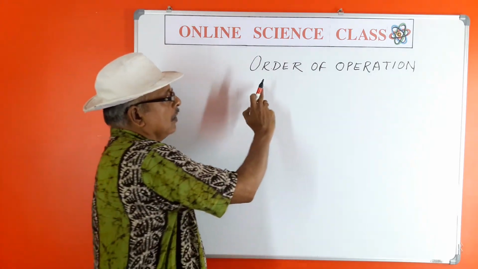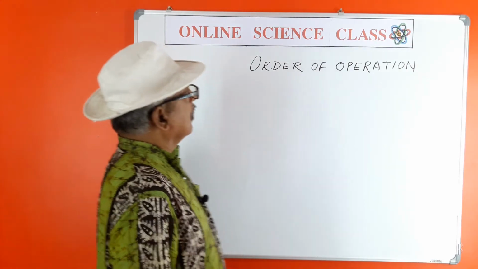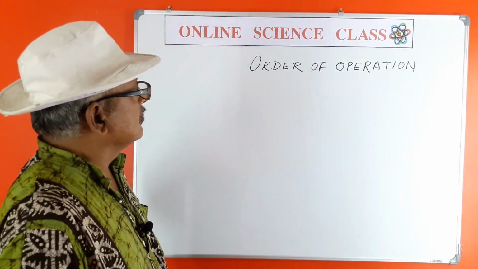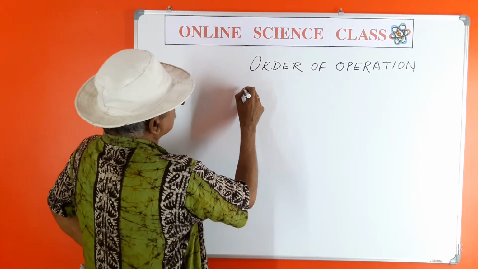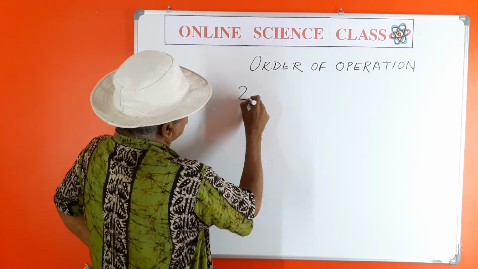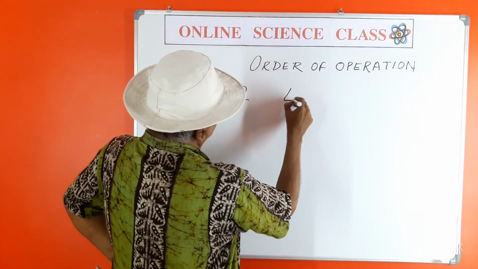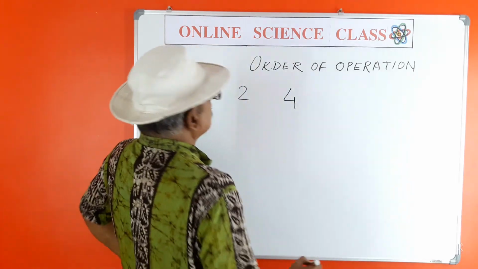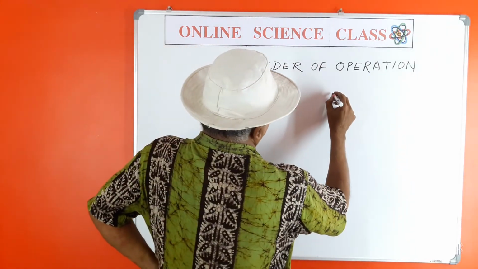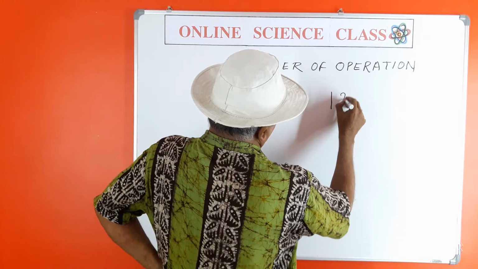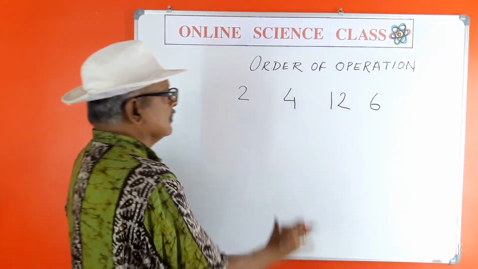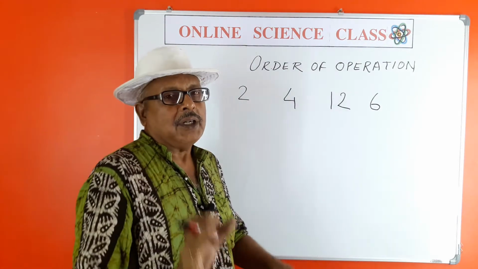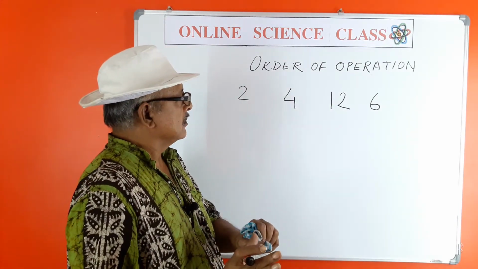Today we will talk about order of operation. Say this: 2, say 4, say 12, 6. These are nothing but numbers.